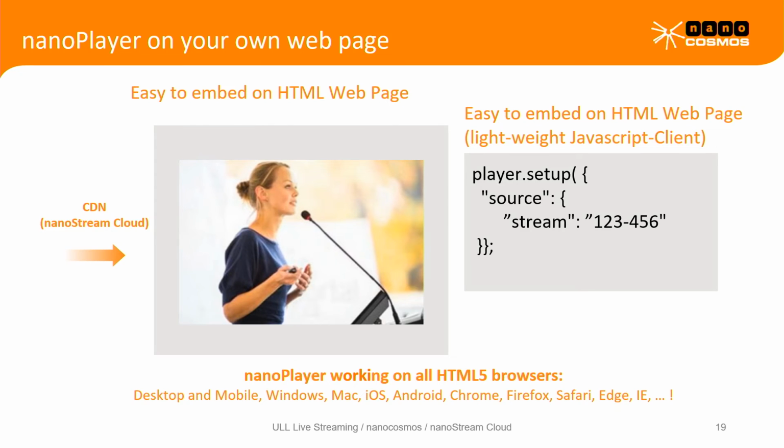Embedding the live stream on your own web page is usually also very simple. Just copy-paste some JavaScript code to your web page. You can run your own designs around that based on web design and HTML workflows. This player, which is then embedded on the web page, as I said, directly connects automatically to the right server location and ensures that the stream is running stable at all times, and you need only to take care about the web environment and your own business workflows, and don't need to worry about the video technology and protocols below that.